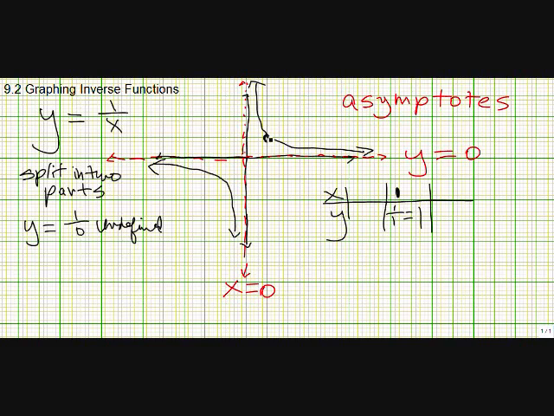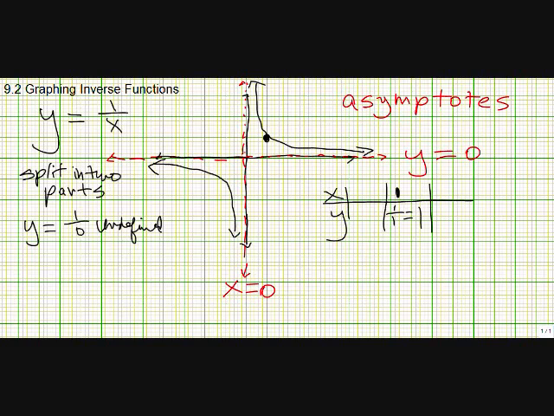That is the point right here. From this point, it's kind of a little locator point. It's actually called a vertex. From this point, my graph will go down and hug the x-axis and go up and hug the y-axis.